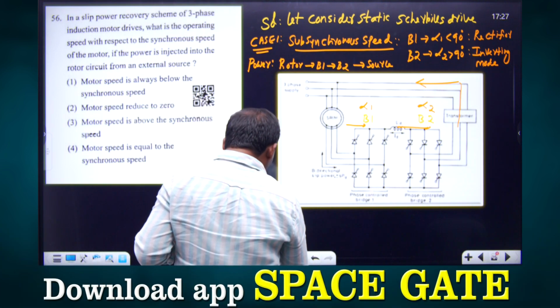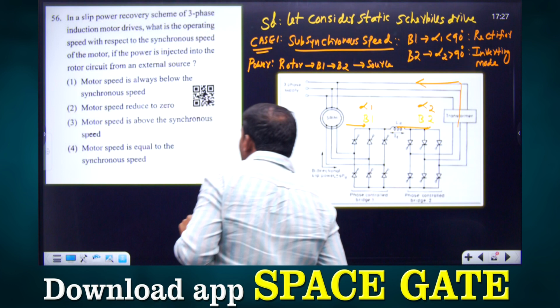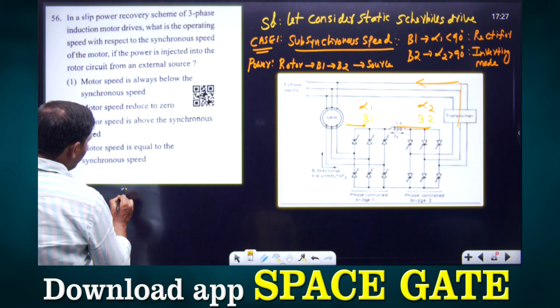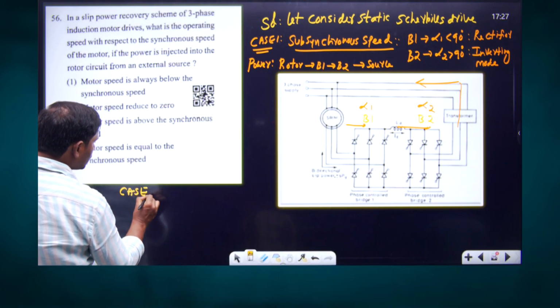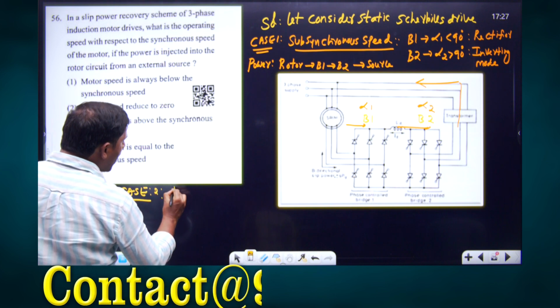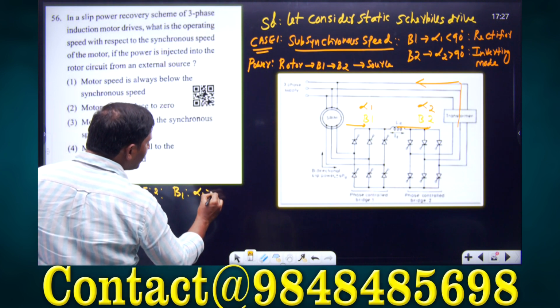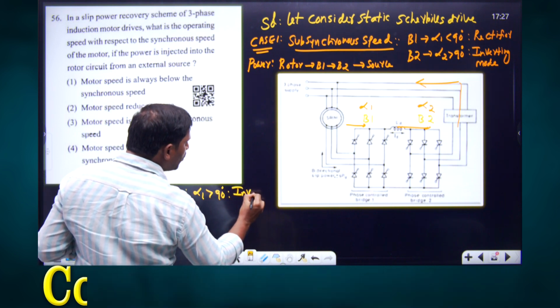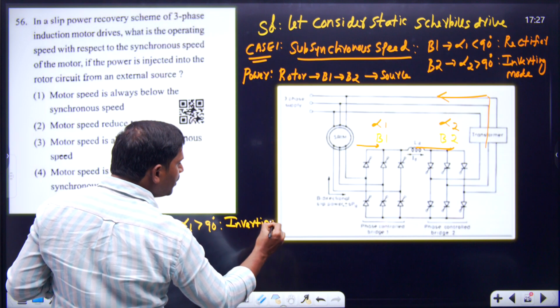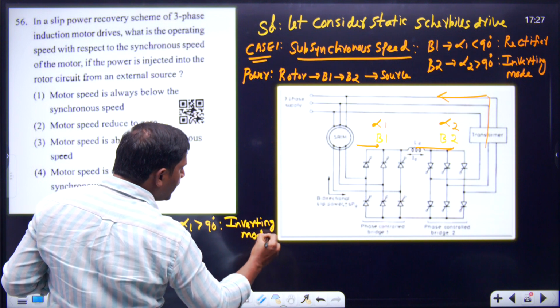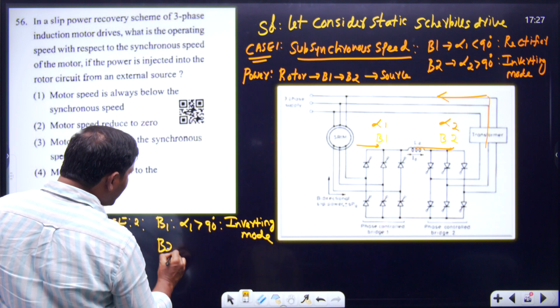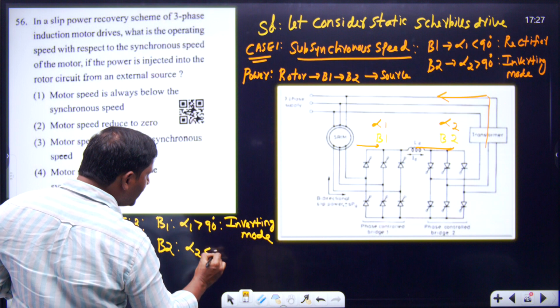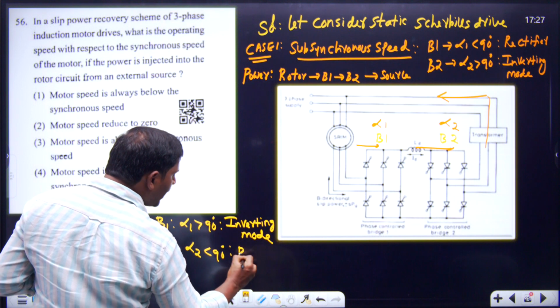In case 2, students, there is one more case that you have to concentrate on. Case 2: bridge 1 is operated for alpha 1 greater than 90 degrees. This is in inverting mode, that is a line commutated inverter. And bridge 2 is operated for alpha 2 less than 90 degrees, that is in which mode, friends?